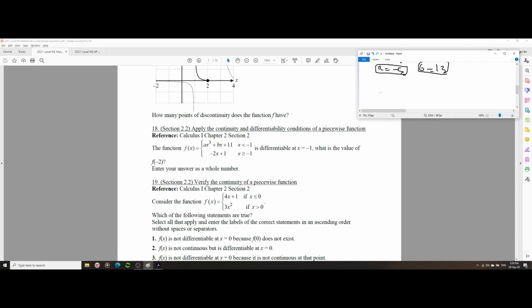So the function is -5 times -2 cubed plus 13 times -2 plus 11. If we calculate the value, you'll get 25. And this is your answer.